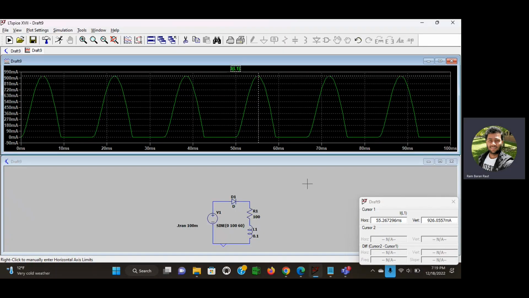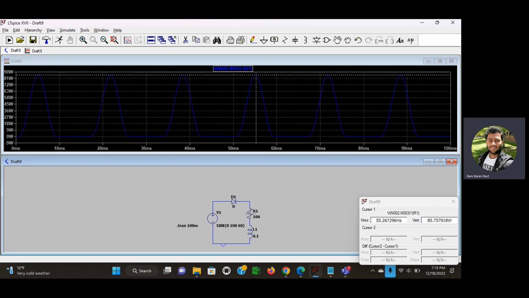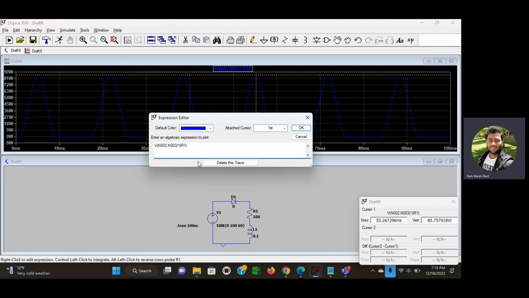Now we can put the cursor over here. This is the output, the power consumed in the resistor. For this one, we are going to divide by 2, so basically we are going to divide by 4.